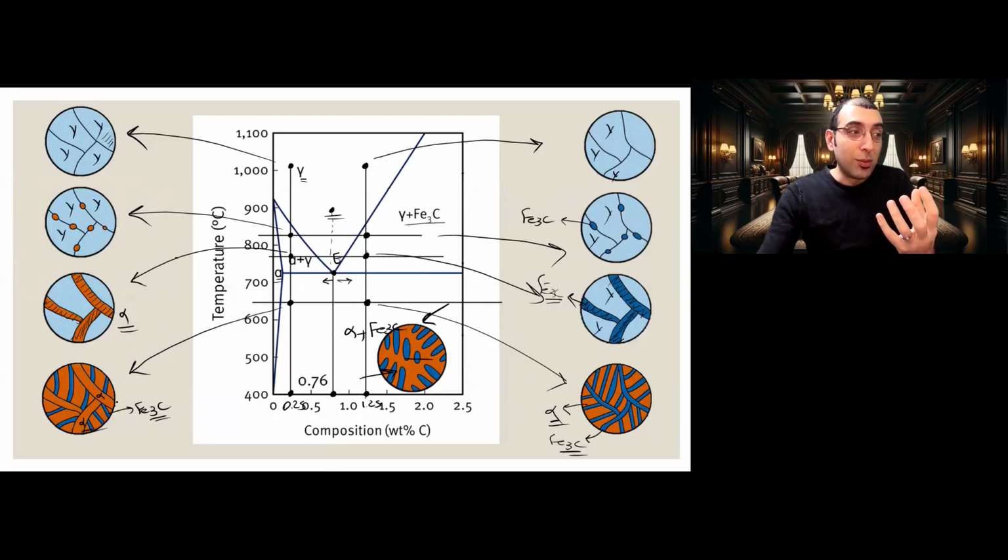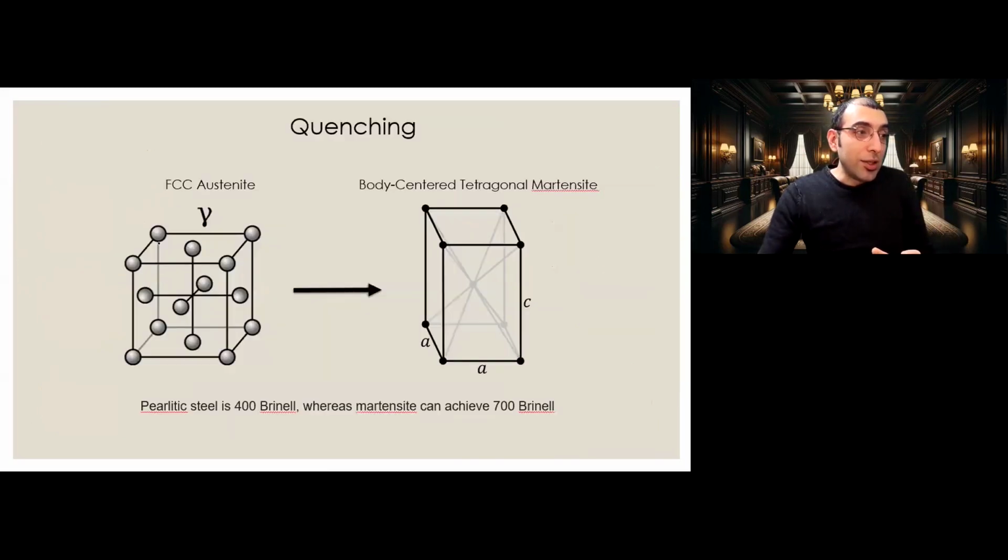You also make some changes to this austenitic steel, and it changes from FCC austenite, which has a unit cell like that, to a body-centered tetragonal martensite. So all this thermal tension that was applied to this kind of steel changed the unit cell of the material itself.